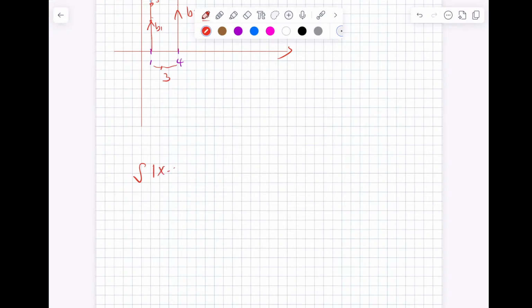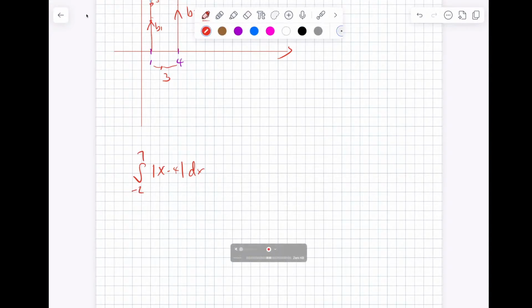Absolute value of x minus 4, between 7 and -2. So, how do you find the integration of |x minus 4| between, oh, sorry, it's -2 to 7, my fault. -2 to 7.